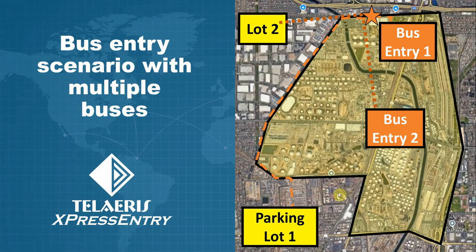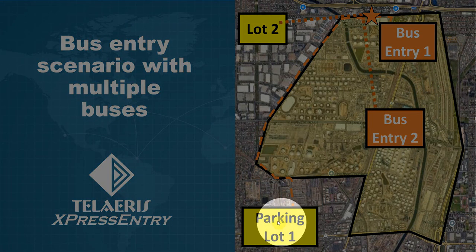This will allow you to ease the movement of employees from the parking lot. For instance, if an employee is moving from parking lot 1, they may be given access to bus 1, and if they're moving from parking lot 2, they may be given access to bus 2. This way you can ensure that employees enter into the right bus that will take them to the right area within your complex.